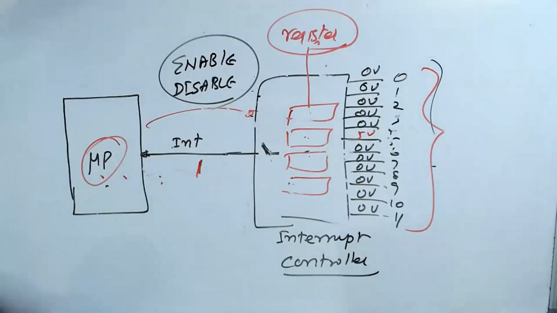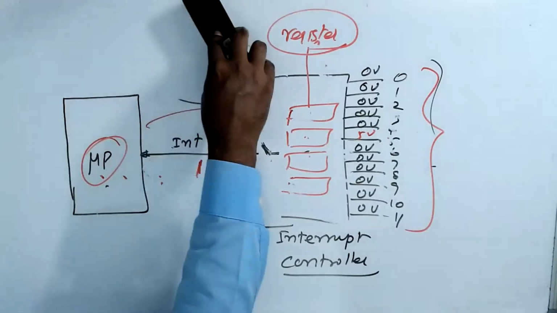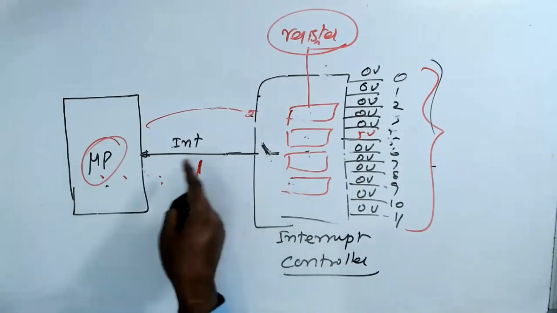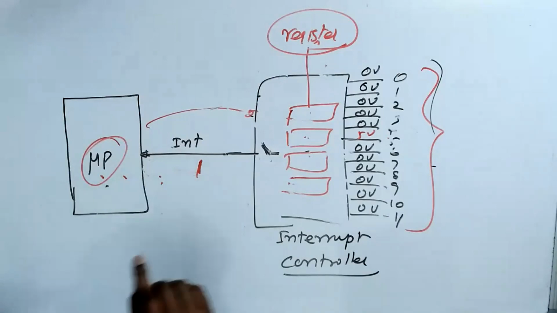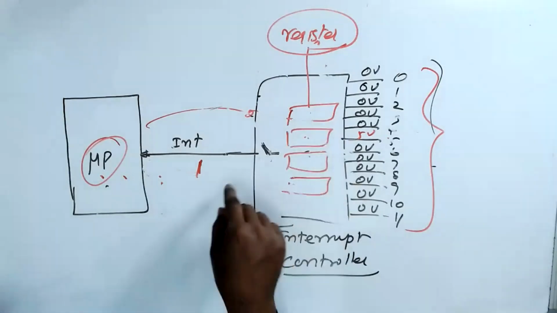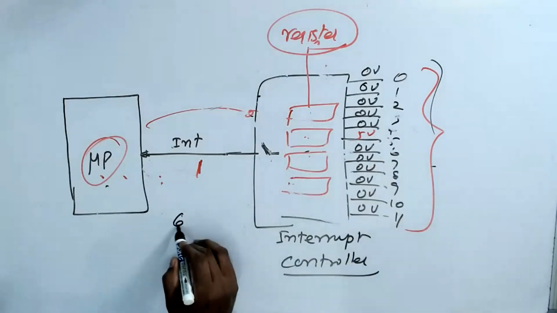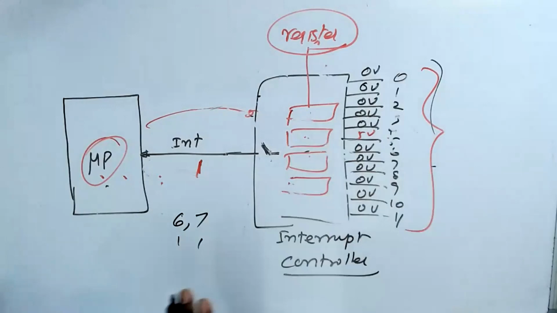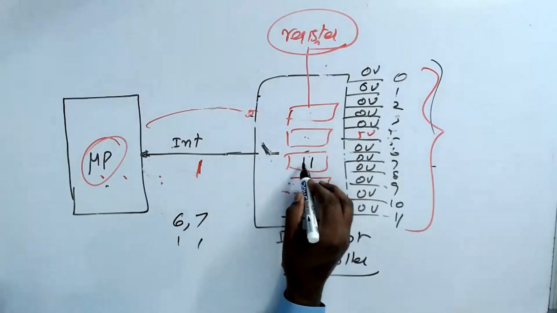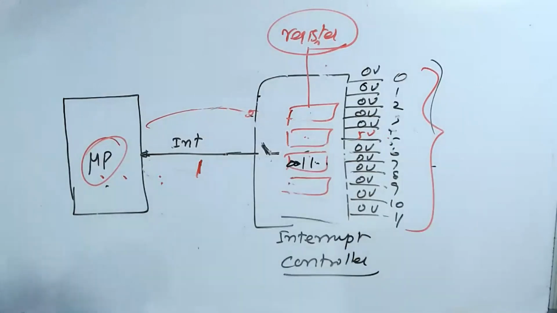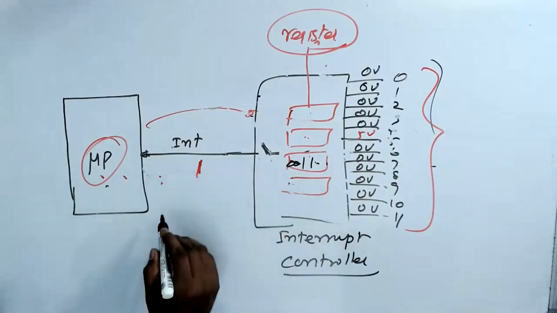Now, the trick here is, after enabling or disabling the interrupt, I can also individually tell the controller, hey, don't allow any interrupt except 6 and 7. Don't allow everything else. Then 6 and 7 will be 1, and all the others will be 0. So I have a register to disable individual interrupts. Understand? This is generally called mask.